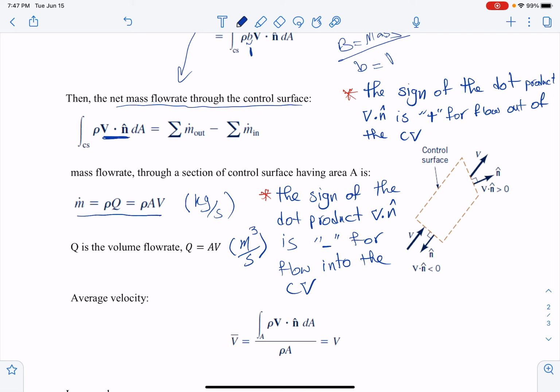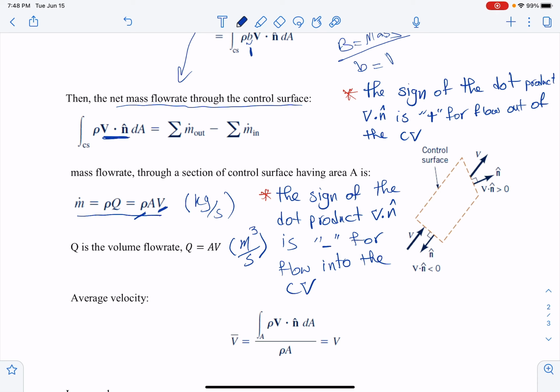In this formula, V is the average fluid velocity, and rho is the average value of fluid density. And for incompressible flow, this is uniformly distributed over area A.